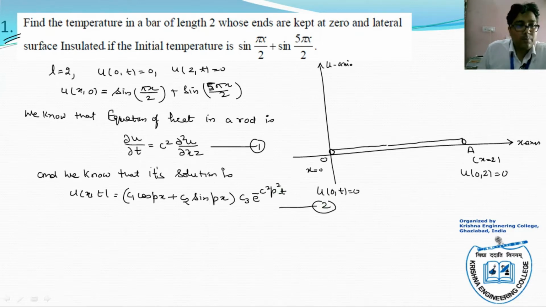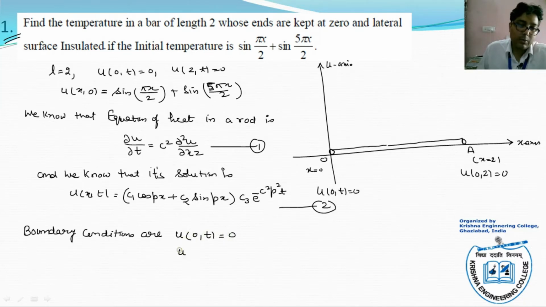Here in this problem, boundary conditions are given. Boundary conditions are u(0,t) is equal to 0 and u(2,t) is equal to 0, because the length of the rod is 2, here L is equal to 2. Clear?